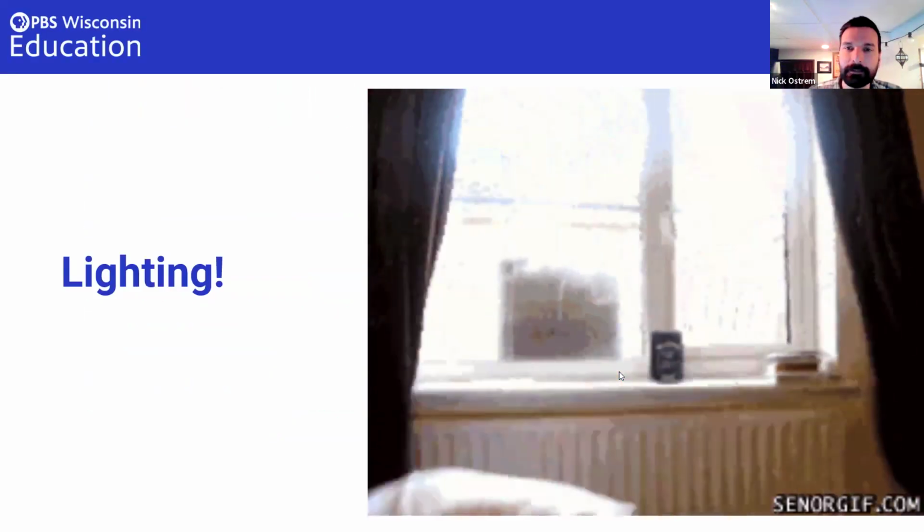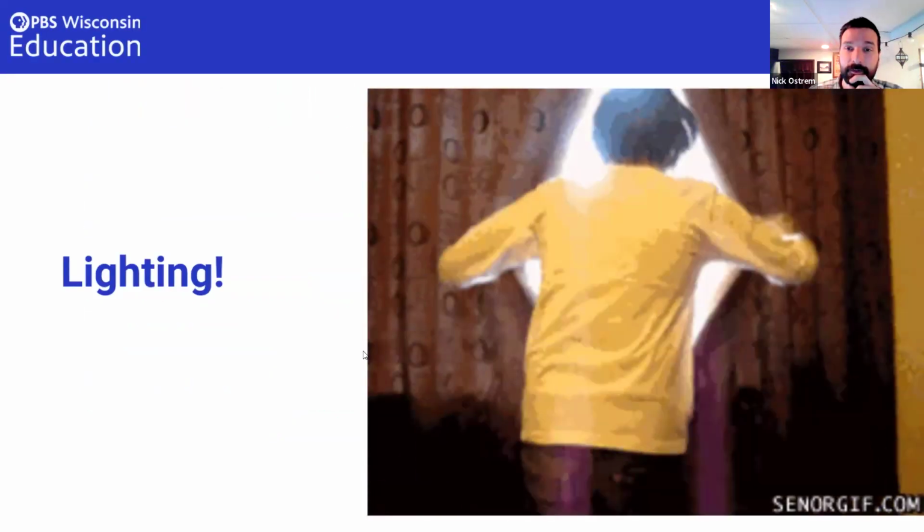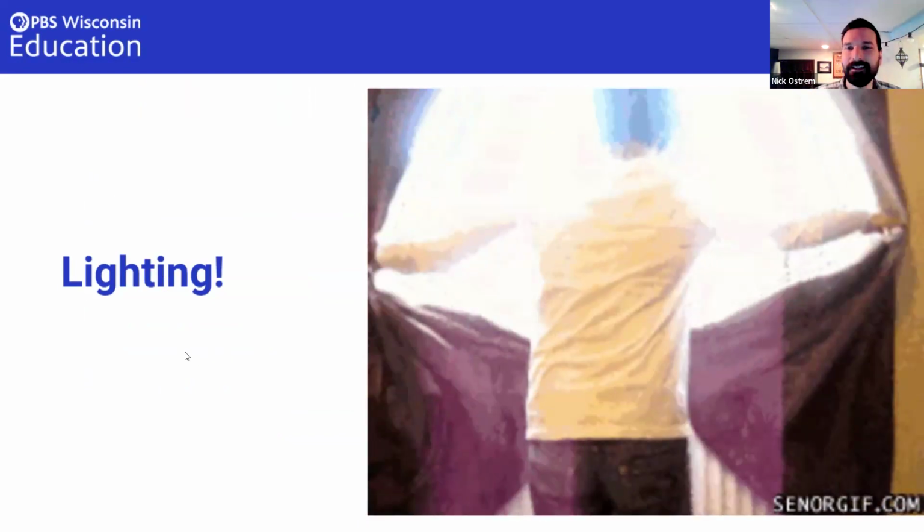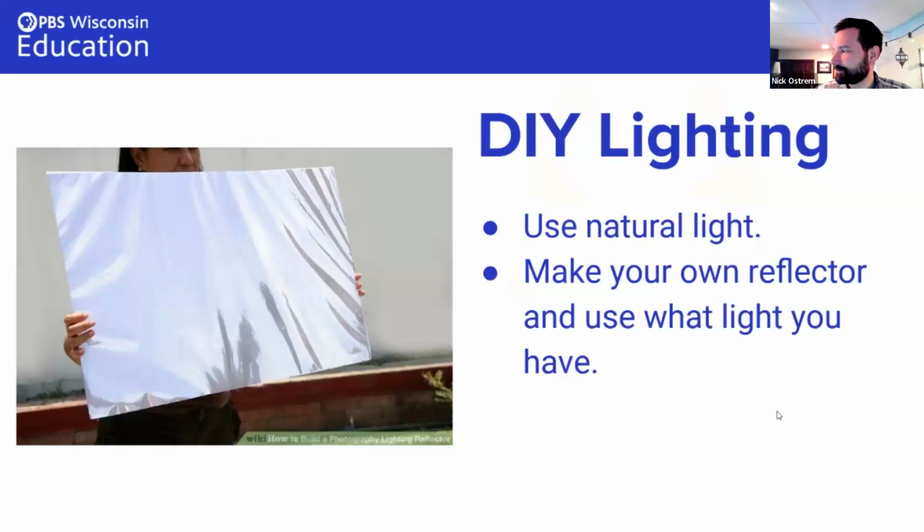Let's talk about lighting. Lighting is really, really important. Almost as important as audio. So use natural light when you can. If you're in a building and you have fluorescent lights, if you're in a basement like I am right now, the lighting is awful. It just does not work.